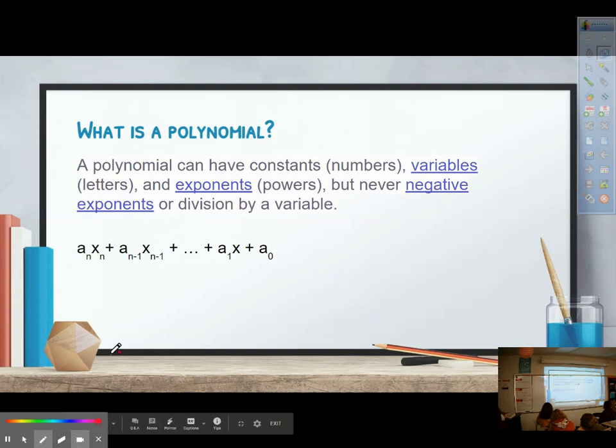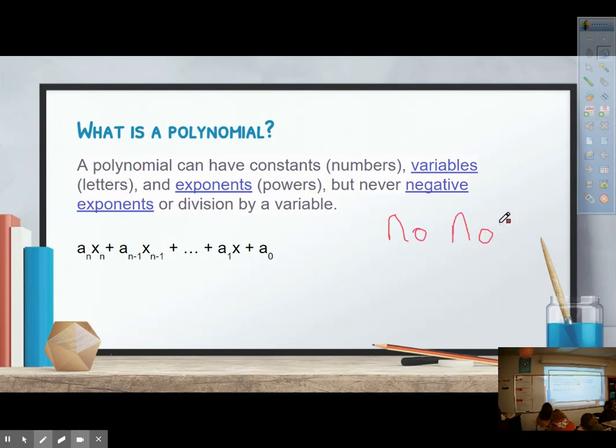For instance, these right here are what's called no-nos. You can't have x to a negative exponent, or any type of variable to a negative exponent. X to the negative 2 would be the same as 1 over x squared, and notice I'm dividing by a variable, and that's a no-no.